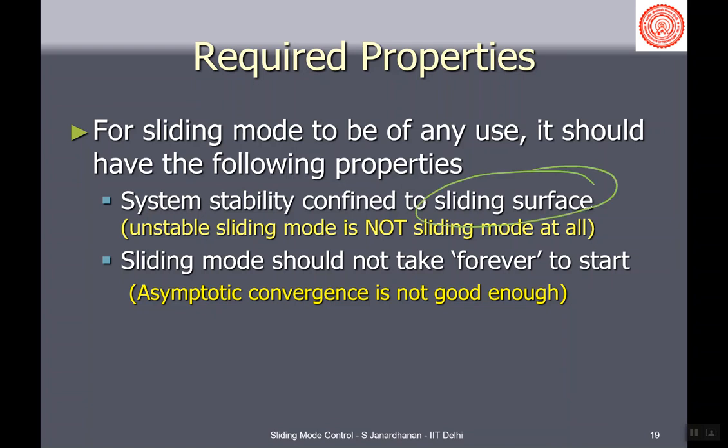Like when you saw in the variable structure control case, the system should be stable when confined to the sliding surface. So system stability is one of the requirements. An unstable sliding mode is not a sliding mode at all.